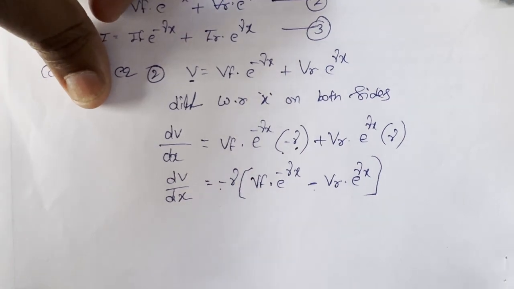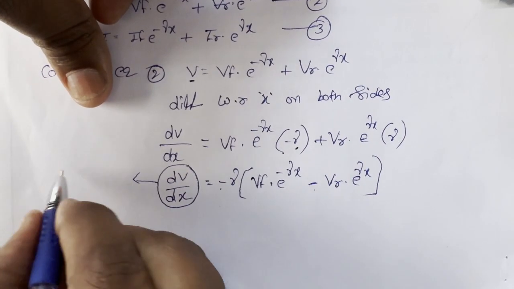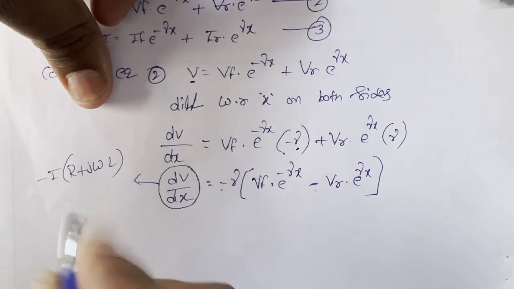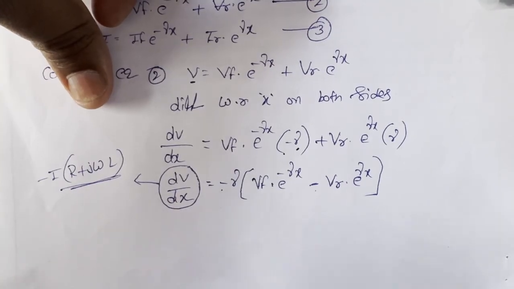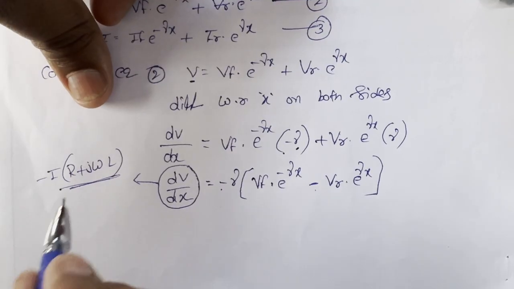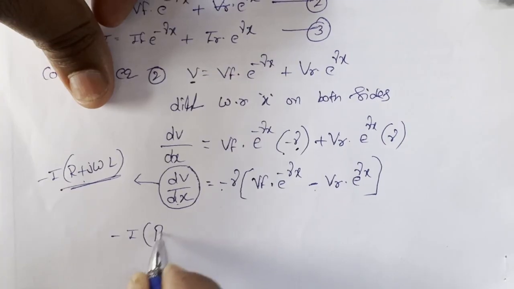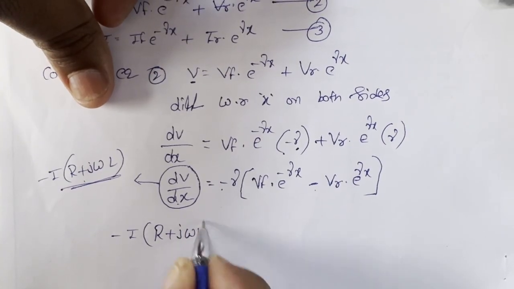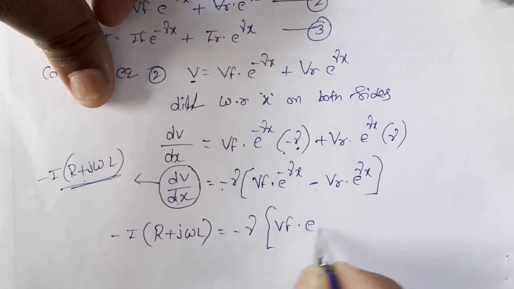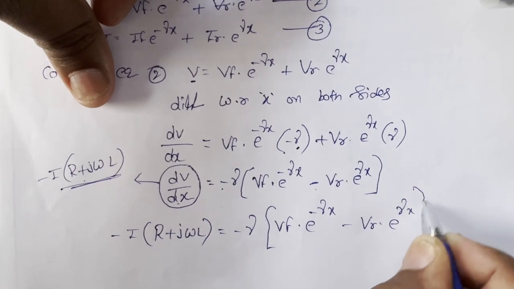From our previous discussions, we have a value for dV by dx, that is minus I into r plus j omega L. This one is already derived in our previous sections. So substitute this value here: minus I into r plus j omega L equals minus gamma into Vf into e power minus gamma x minus Vr into e power gamma x.